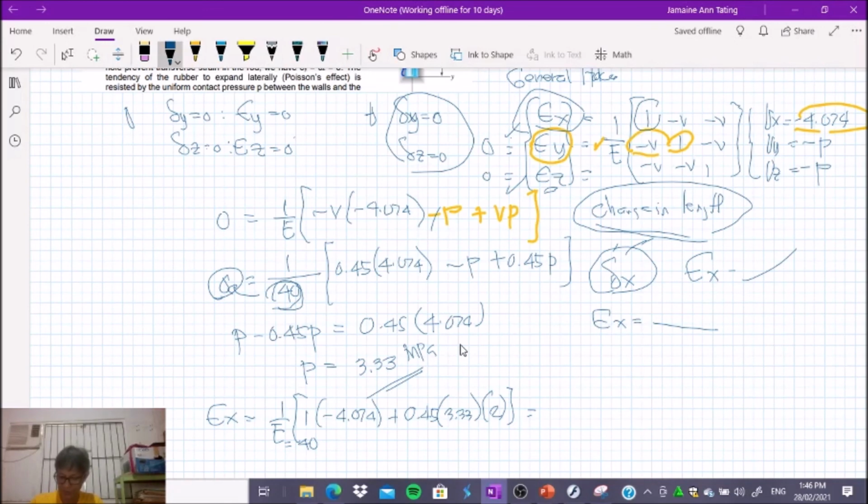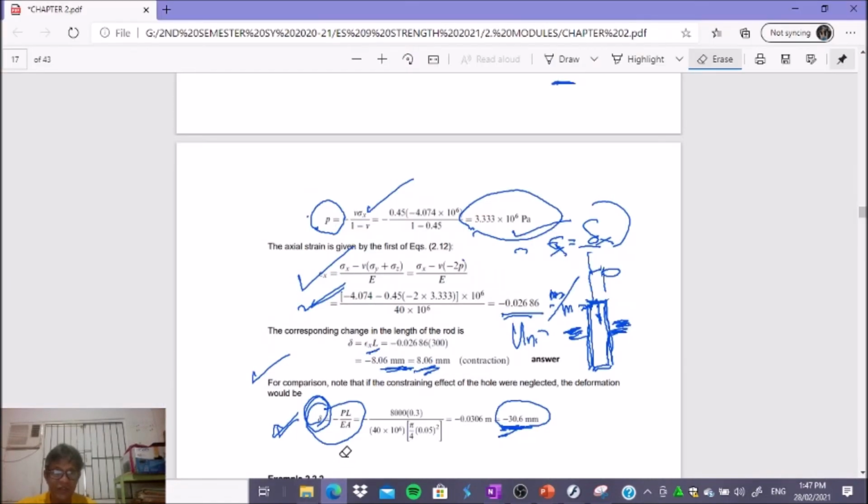That will be equal to negative 0.0269 millimeters per millimeters. Okay. Now, let us check our answer sa module. So, ang strain na makukuha natin is 0.02686. Okay. So, tama tayo.